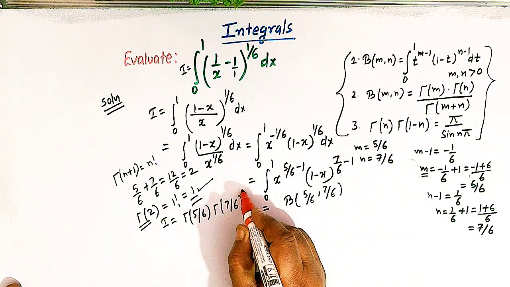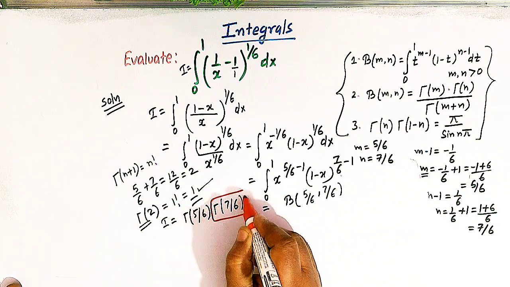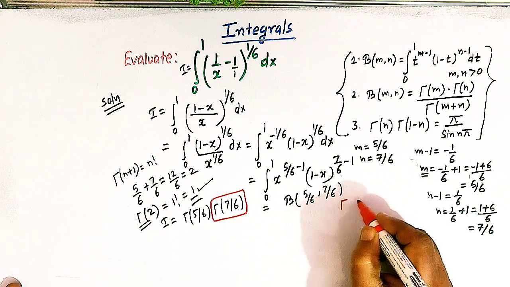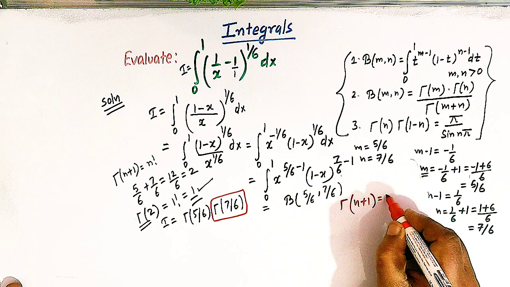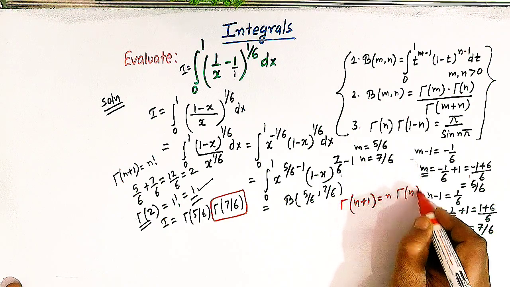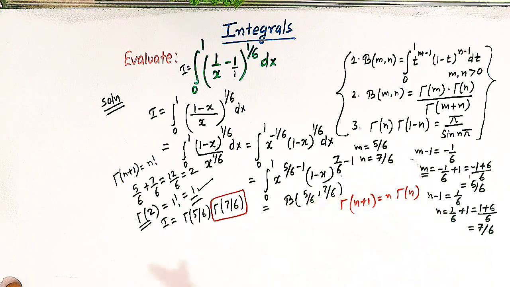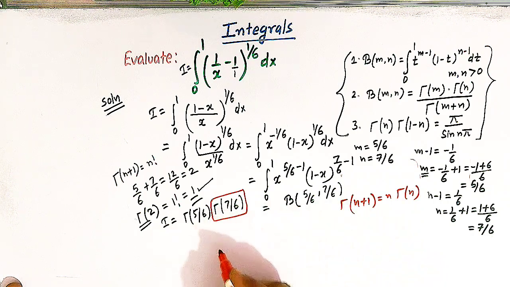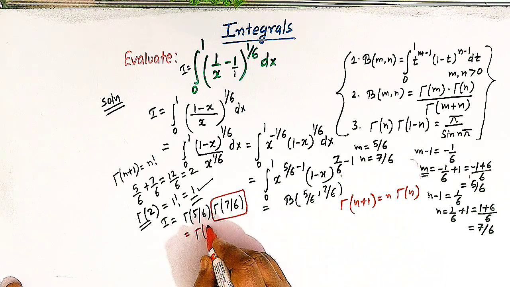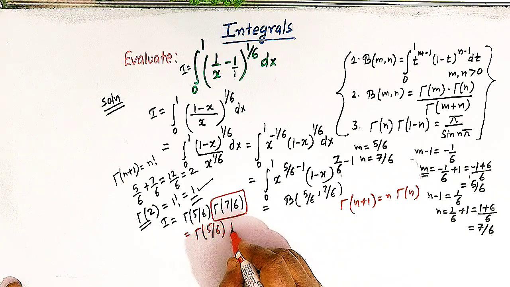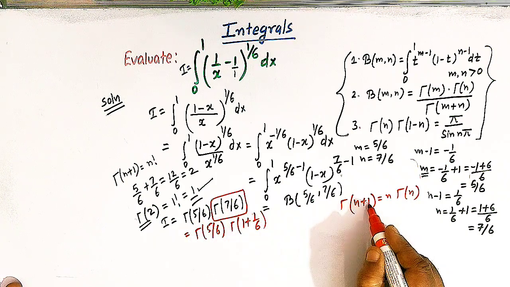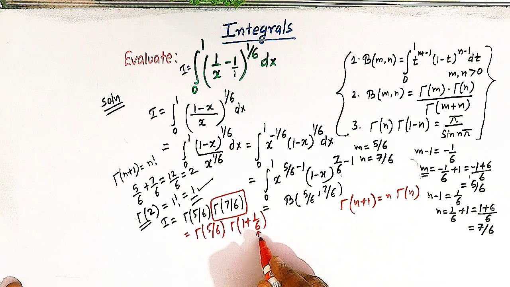Now we have to express this gamma of 7 over 6. We can use the result that gamma of n plus 1 is equal to n times gamma of n, where n is some fraction. Here we have 7 over 6, so we can write gamma of 5 over 6, then gamma of 1 plus 1 over 6. So this is n plus 1, and this is our n.